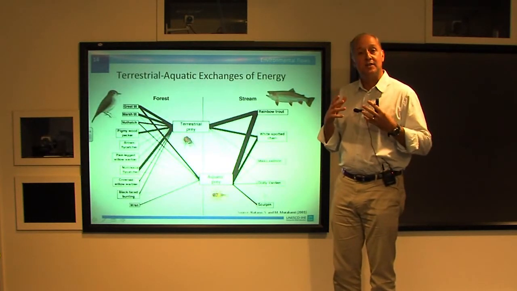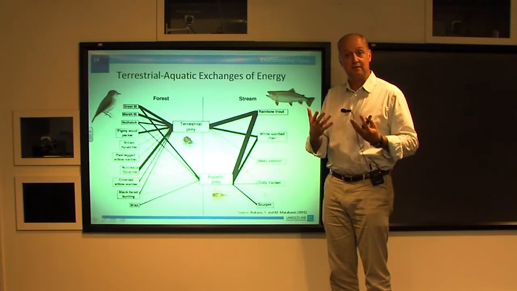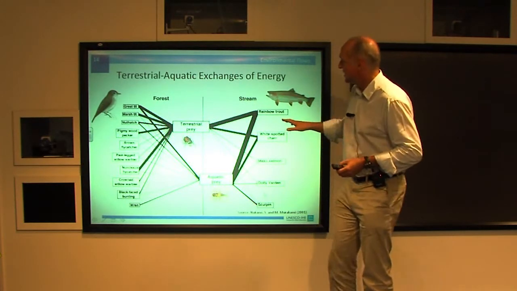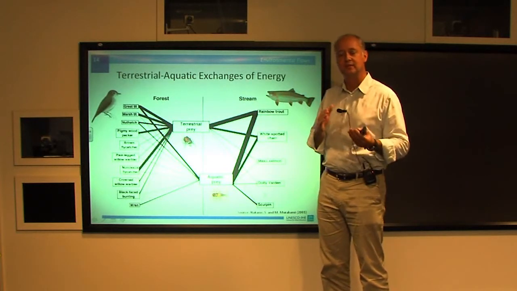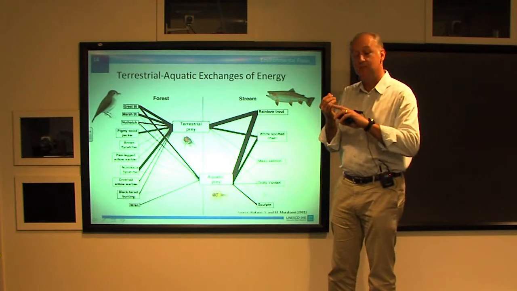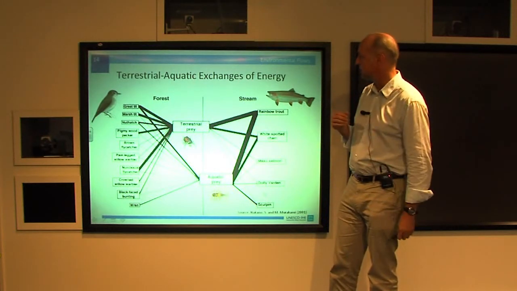Now, these interactions, we saw an example in the previous slide of a bear feeding on fish. These terrestrial aquatic transfers of material are actually quite common. The hippopotamus was another example of that, bringing terrestrial organic matter into the stream.